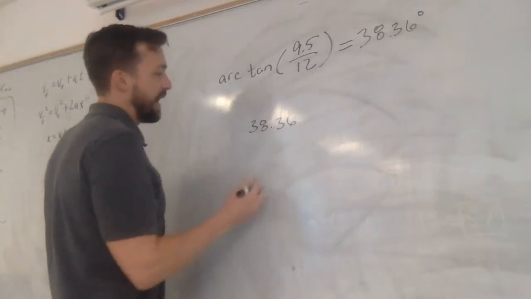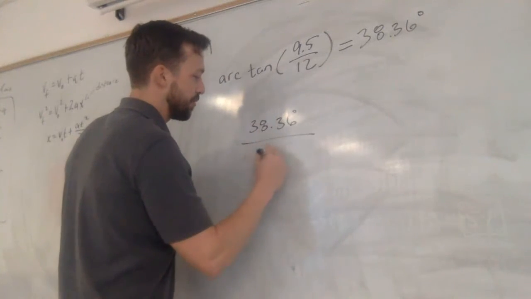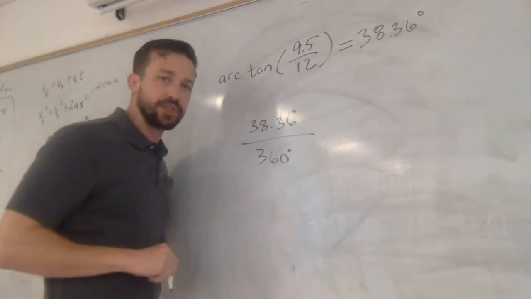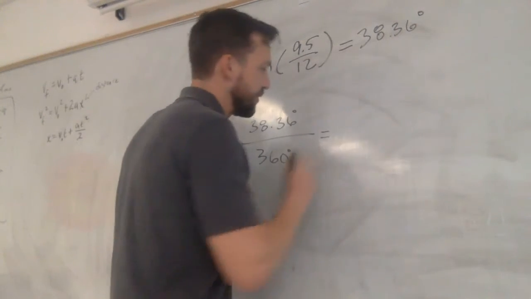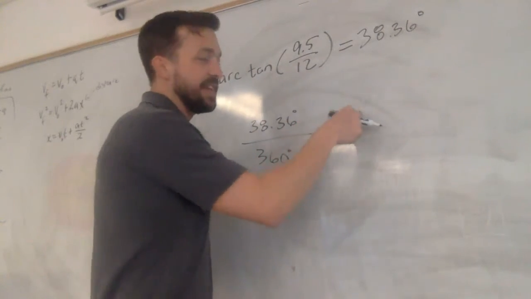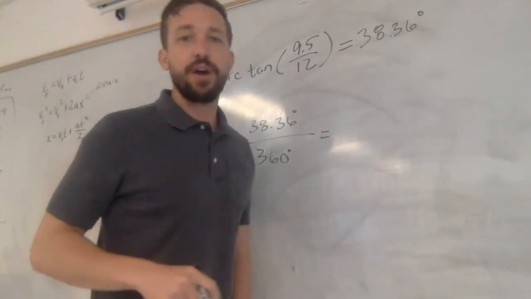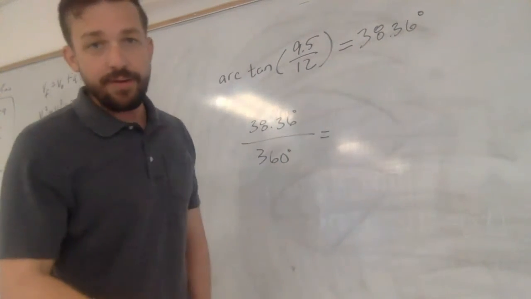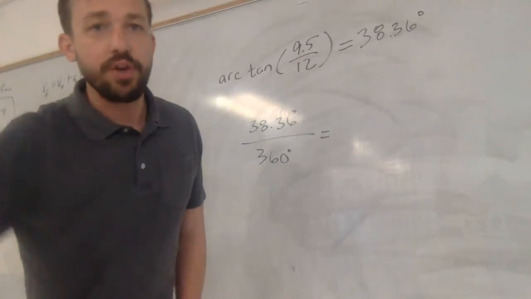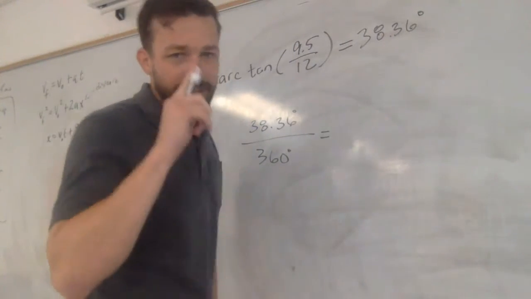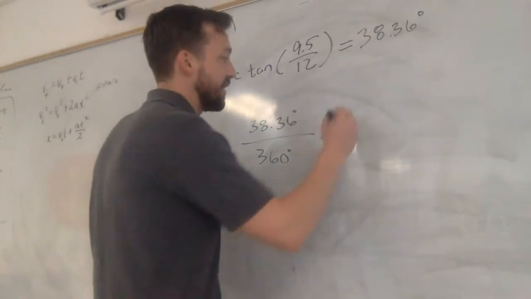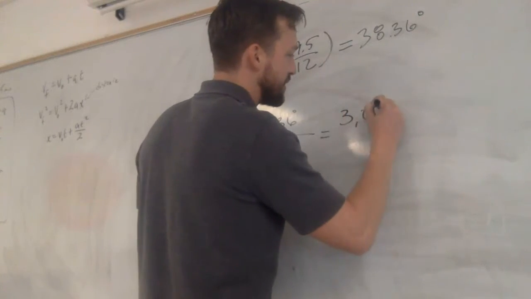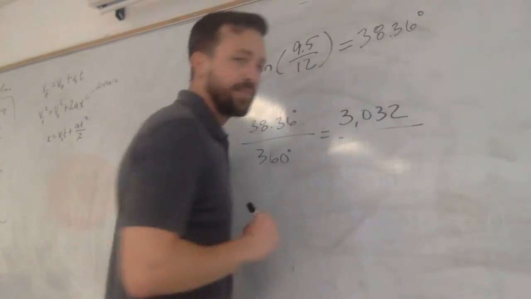So I'm going to have my degrees of this divided by 360, because that is the full circle in degrees, equals the distance from where we are right now to the subsolar point, which we did, and it came out to, I can't remember exactly, but it was like 3,032 or something like that.